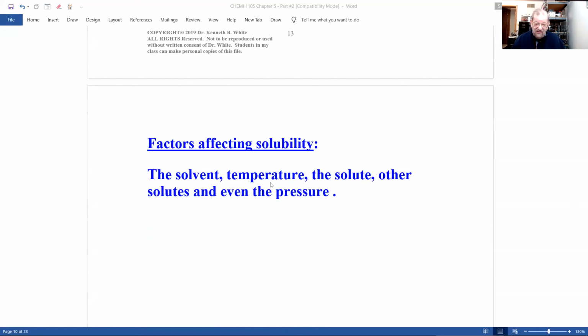That will play a role in the solubility. Are other solutes present? That will affect solubility. And even what's the pressure? But the two most important things that affect solubility for this slide are the solvent and temperature.